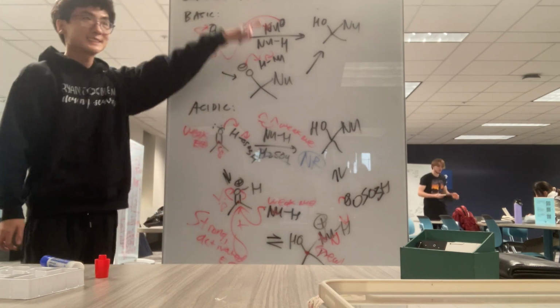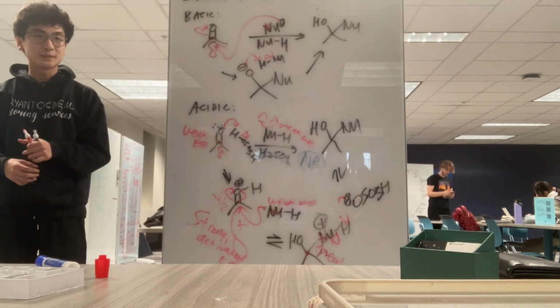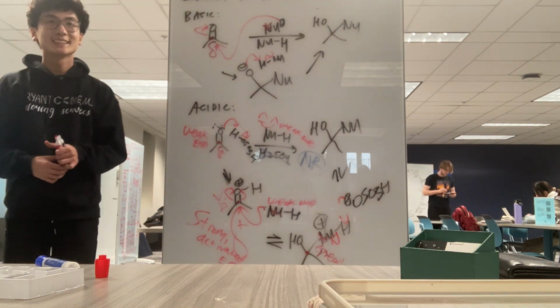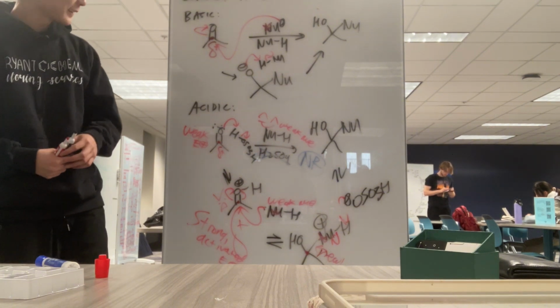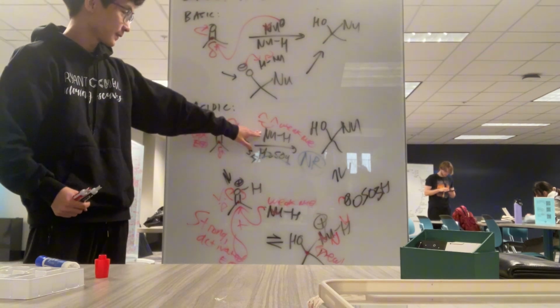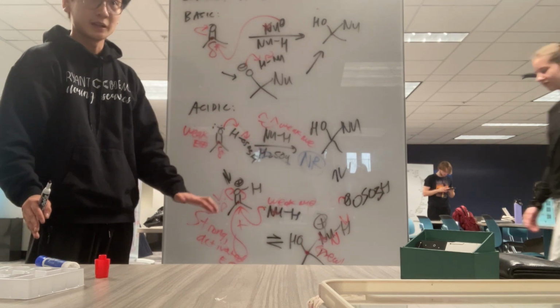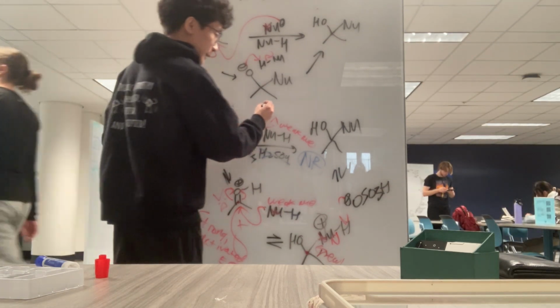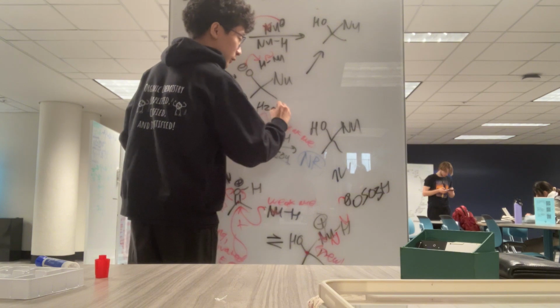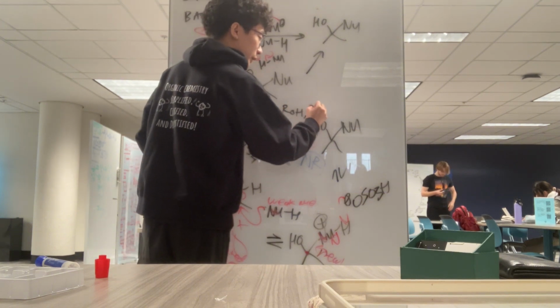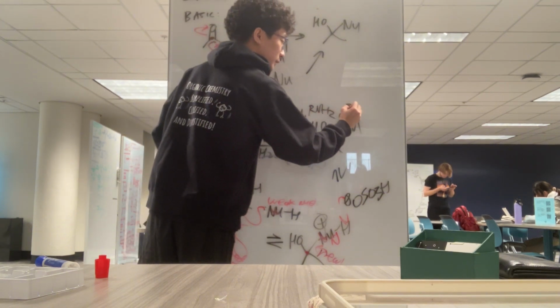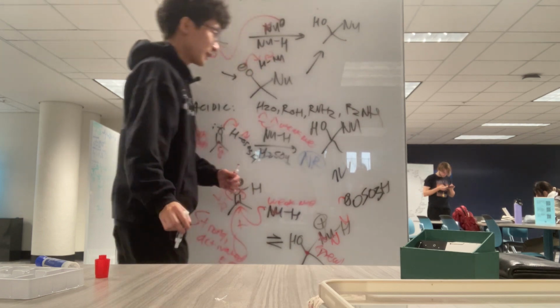Any questions on this general mechanism before we hop onto hemiacetals and acetals? This acidic conditions here, you would always have a weak nucleophile. And this weak nucleophile here can be H2O, ROH, RNH2, or R2NH.